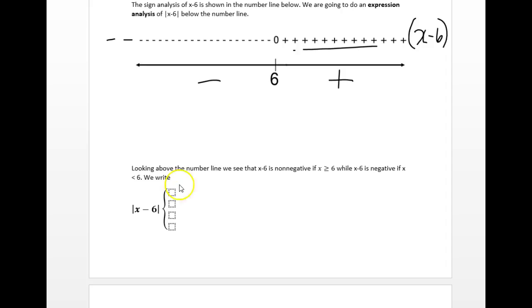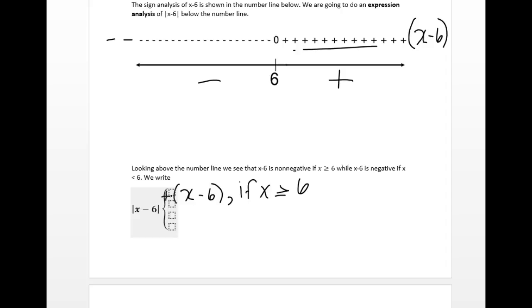So our factor was x minus 6, and if x is greater than or equal to 6, that's where it's positive. We don't necessarily need the positive out in front, but I like to put it there as a reminder that I have to do a positive version and then look at the negative version. Is the plus necessary out front?